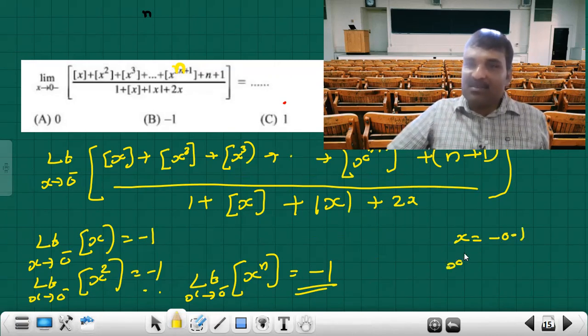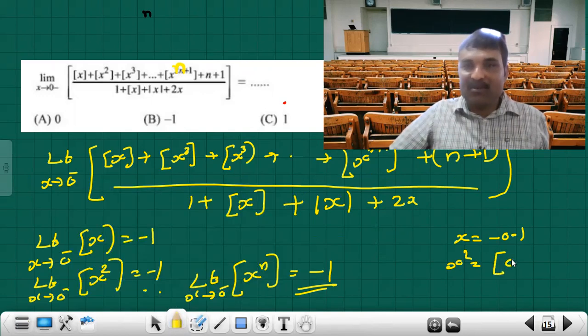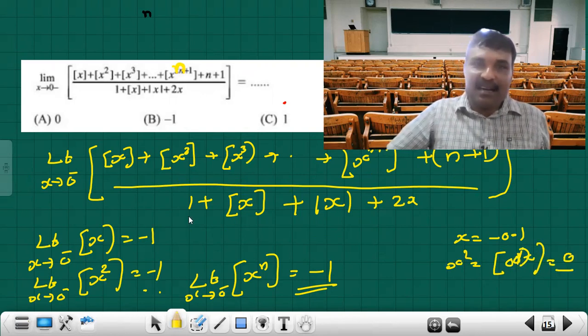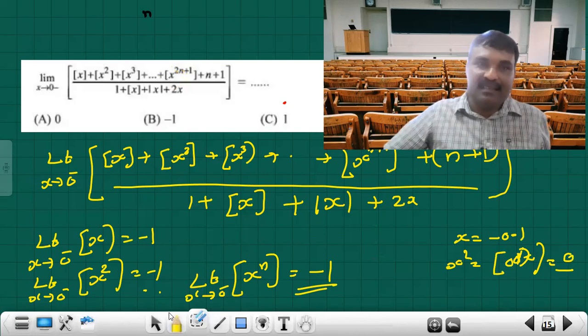So x square is 0.01, and the value of the greatest integer function is 0. So this is not n, this is n plus 1 itself, 2n plus 1.